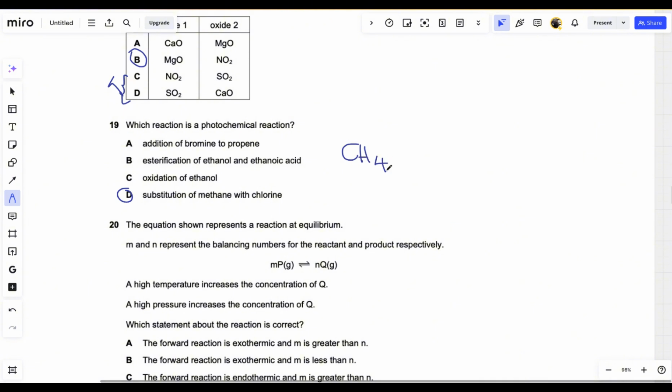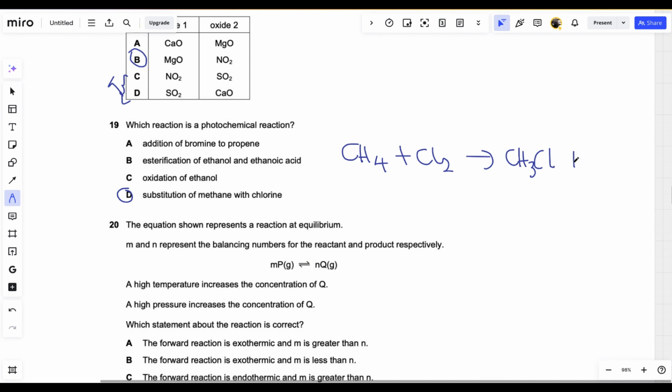You can go and check your organic chemistry. Methane plus chlorine, you get the first one, you get chloromethane, CH3Cl. One hydrogen has been removed from here, one chlorine will replace it, CH3Cl. This is called chloromethane.